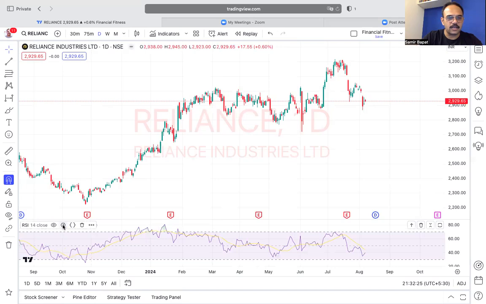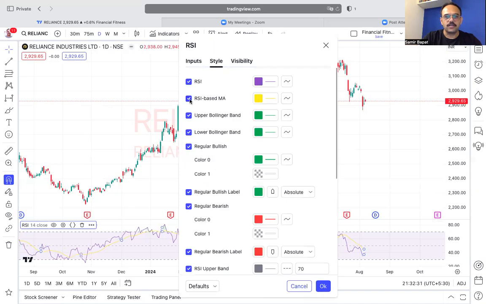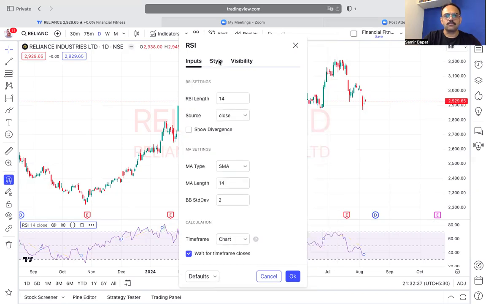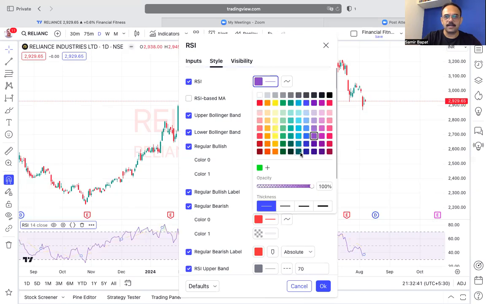For better visibility, I'll switch off the moving average. Now input style, now RSI, I'll make it darker, so we are able to see the line properly on the mobile also.